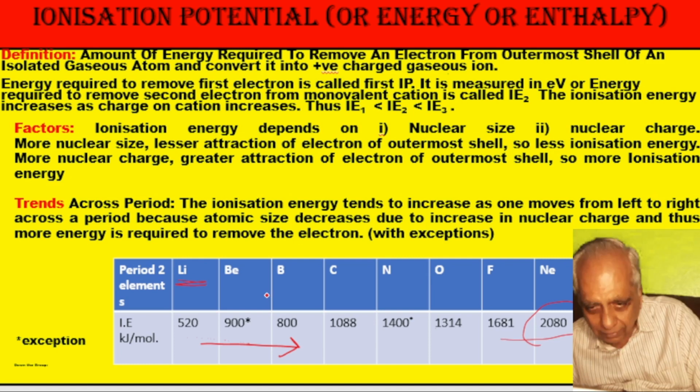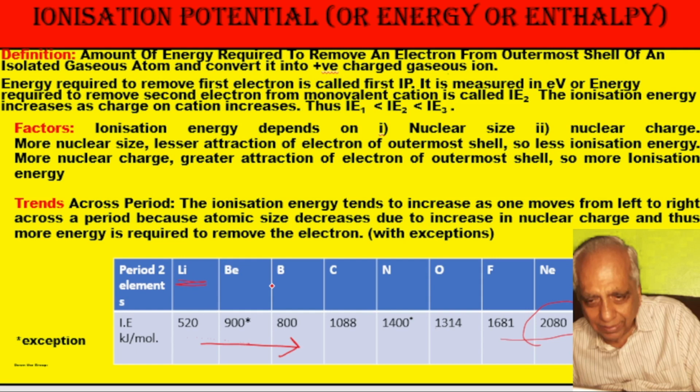Nuclear charge is increasing, so the size of the atom is decreasing. As size is decreasing, the force of attraction between the nucleus and the outermost electron will increase, so I will have to supply more energy. The energy is in kilojoule per mole, 520.